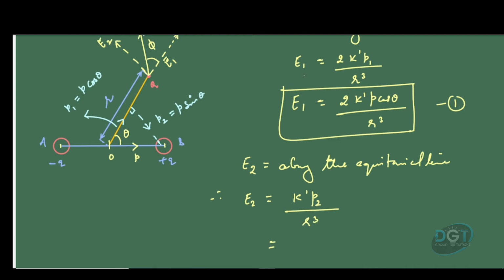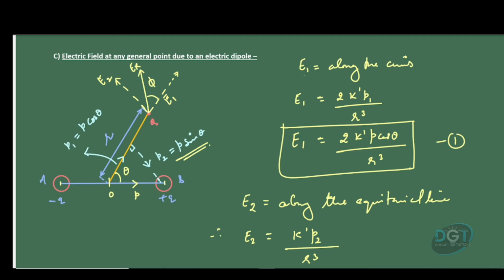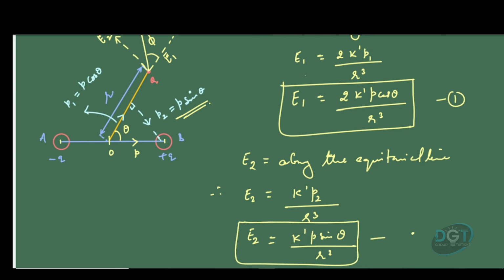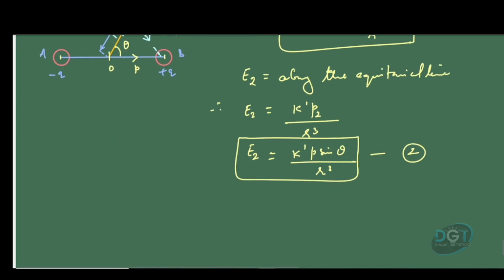Here P2, as we can see, is P sin theta, so we can replace that P2 with P sin theta, whole upon r cube. This is our electric field at the perpendicular axis at that point.